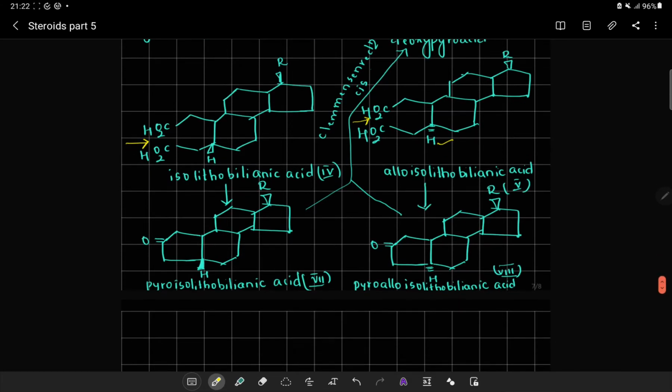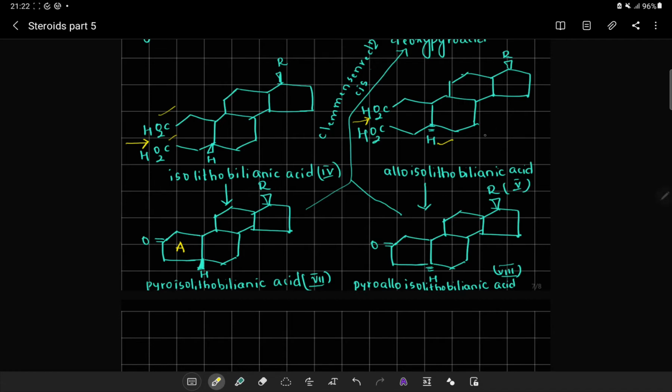But isolithobilianic acid, because it is again a dicarboxylic acid itself, is going to give me a cyclopentanone ring A system by a cyclization and losing a molecule of carbon dioxide.